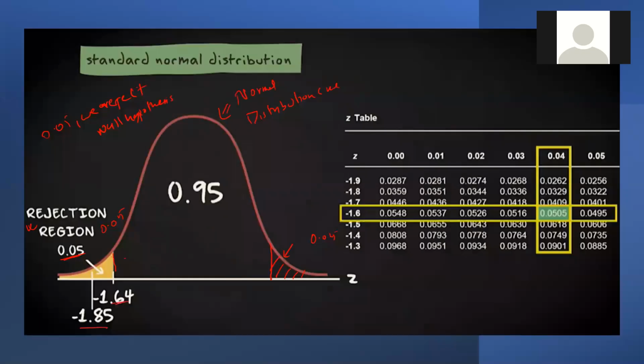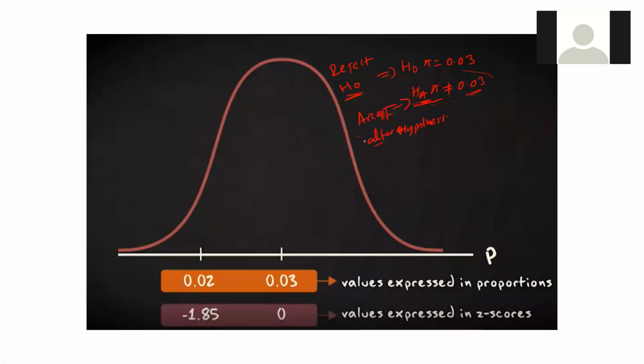So here we did equals 0.03 and not equals 0.03. This is also called a two side test. Why is it a two side test?